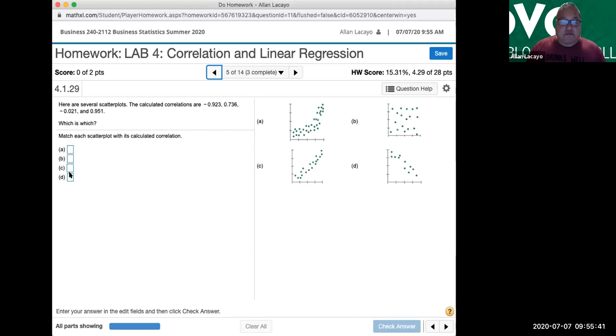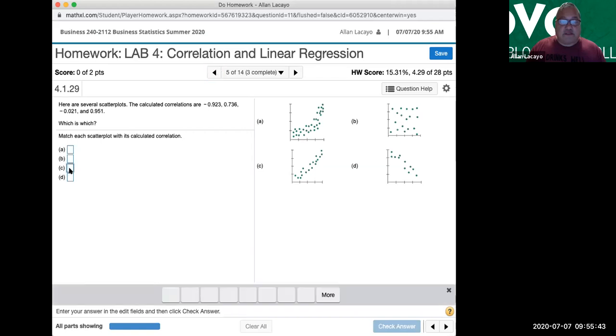And so my best guess for part C would be the correlation labeled 0.951. And then the mirror image of that is graph D, part D, where you see high linearity and negative slope, and thus a very strong inverse relationship consistent with a negative 0.923.